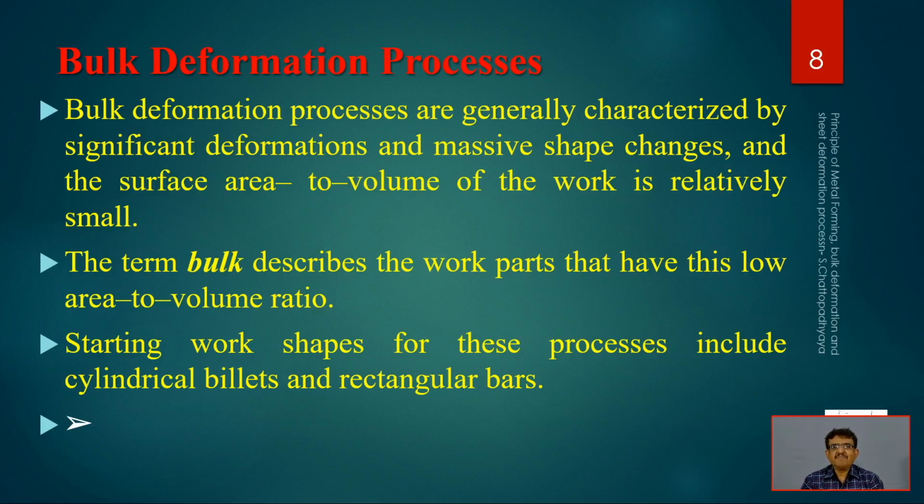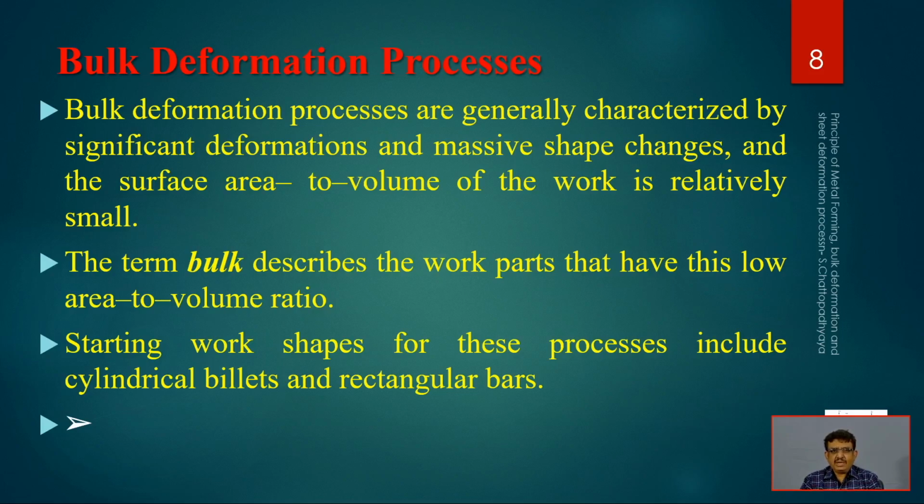Surface area is less and volume is more, so it is bulky. Whenever these kinds of things are deformed, it is a bulk deformation process. The term bulk describes work parts that have this low area to volume ratio, and whenever it is high, it goes to sheet and other kinds of things.